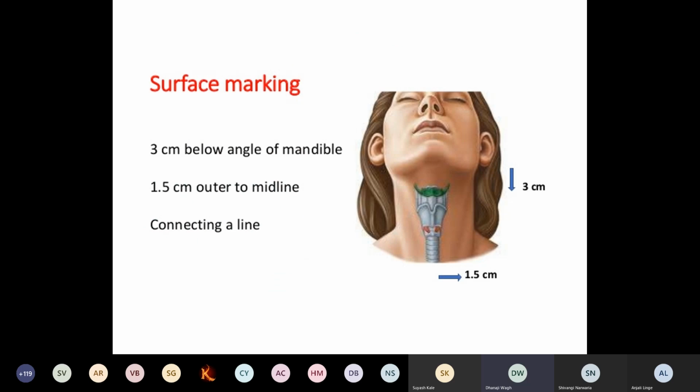Now for the hyoid bone surface marking, there are 2 points. The chin is one. From the angle of the mandible, 3 centimeters below, and 1.5 centimeters outer to the midline. Connect these 2 lines for the surface marking.